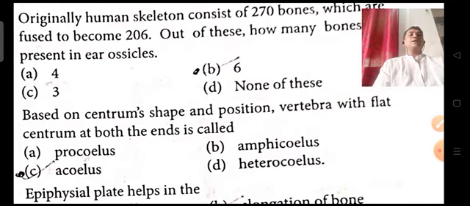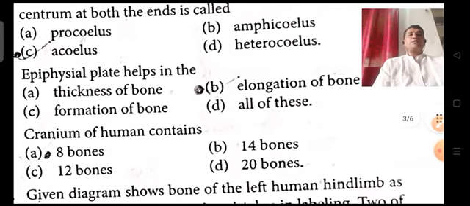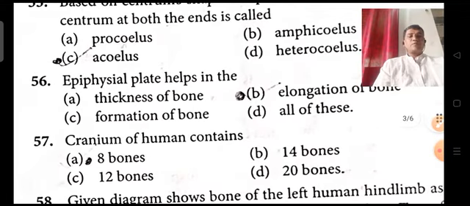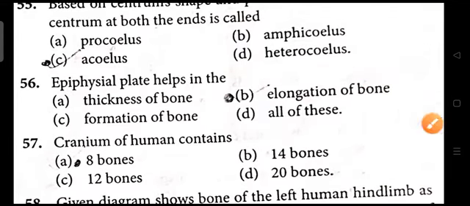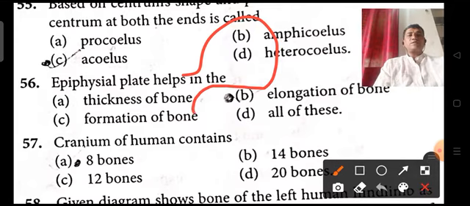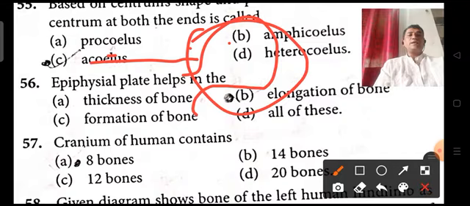They don't have the connecting bone. In the acoelous condition you can see that they will not be having this concavity, which is absent in the acoelous condition of the bone.